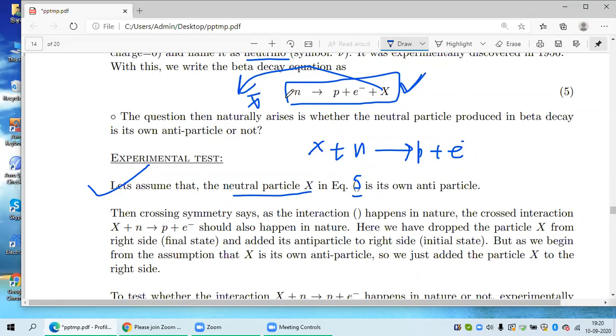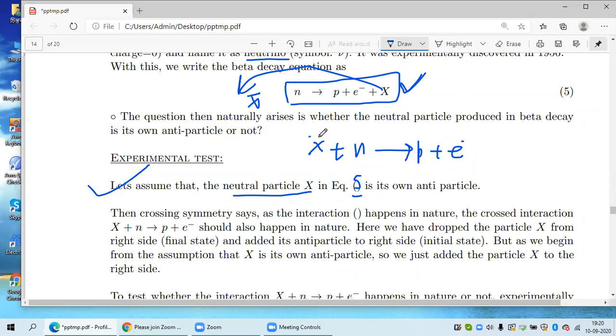So for this reaction, you check the class notes from two days back where I discussed crossing symmetry. If A plus B goes to C plus D happens in nature, then any reaction you obtain from this reaction by interchanging particles from one side to the other by making them antiparticles will automatically happen, because that will also conserve quantum numbers, by the simple fact that particle and antiparticle have opposite signs of quantum numbers.